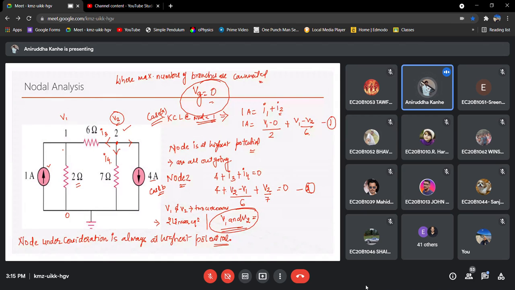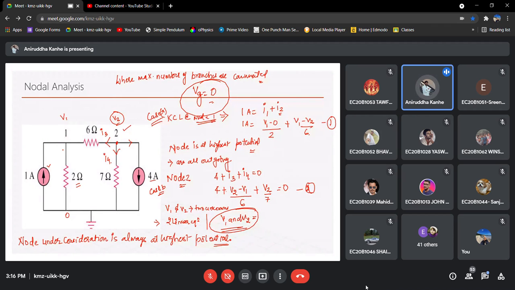Yes, please. Anyone else? V2 is minus 14. V1 is equal to minus 2 volts, I got, sir. Okay, and V2? Minus 14 volts. Correct. So V1 is minus 2 and V2 is minus 14.